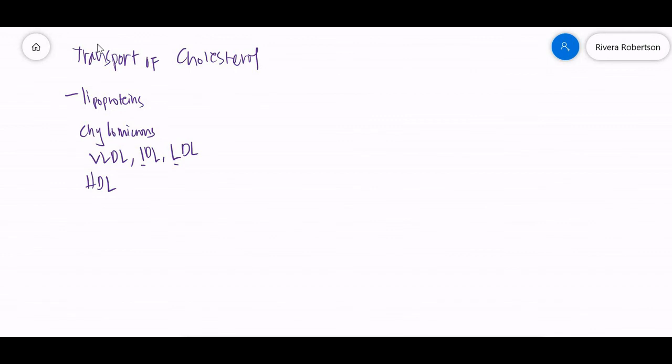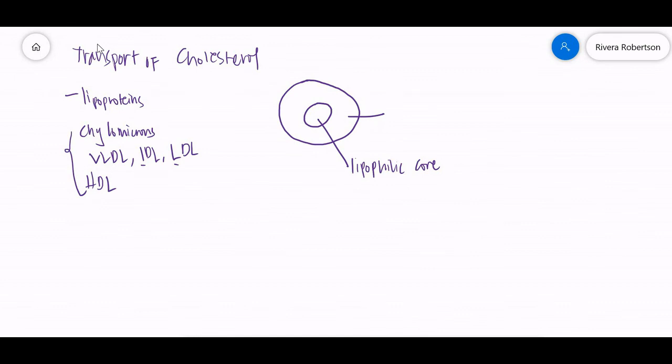Before we go into the details of the following, let's first discuss the general structure of your lipoproteins. Your lipoproteins are spherical in nature with a lipophilic core and a hydrophilic spherical outer capsule.